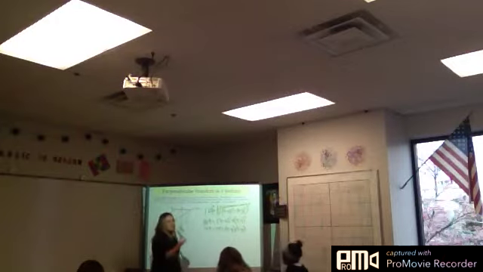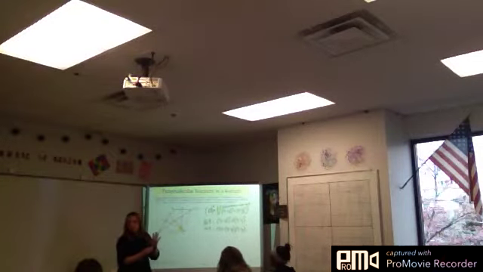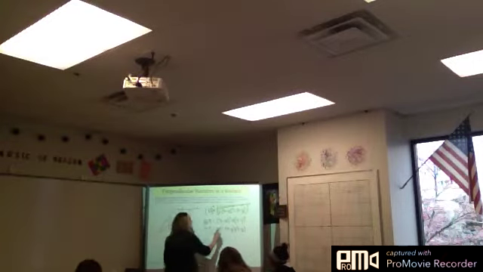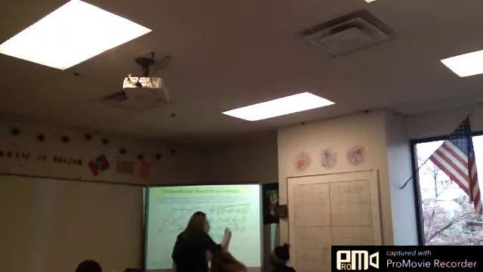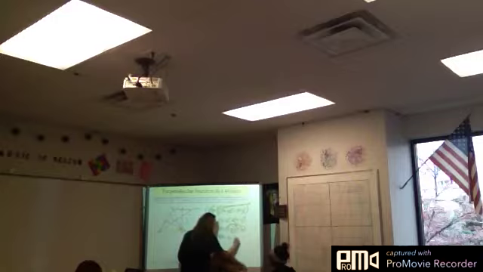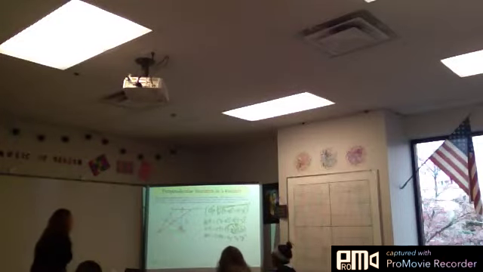So you have to do what? It's not called distributing, we use FOIL: first, outer, inside, last. So 169 equals 25 plus 16, negative 4y, negative 4y, plus y squared. See, this is back to algebra, you should be excited.